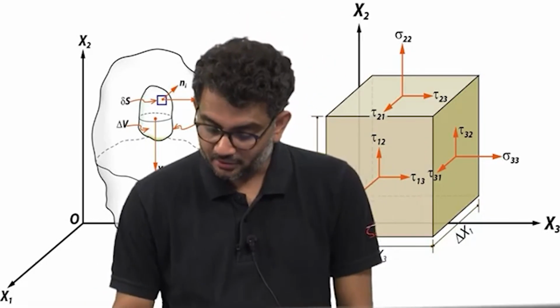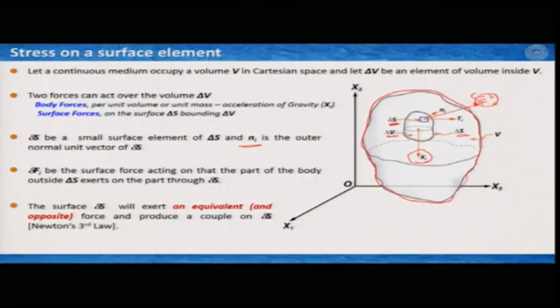So, if I have this very small area, then this del F i is the surface force acting on that very small area del S of this body, then this little blue surface area would react to this force del F i, right. So, it would exert an equivalent and opposite force, and it would produce a couple.